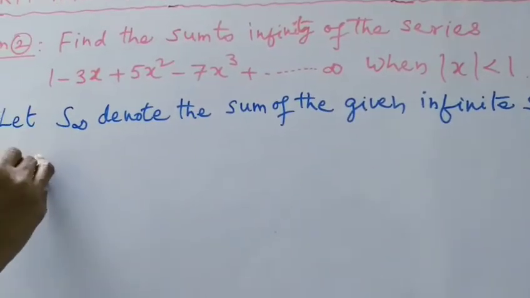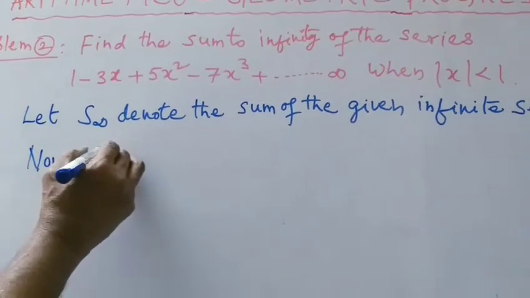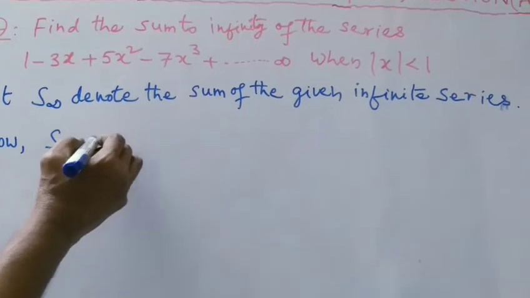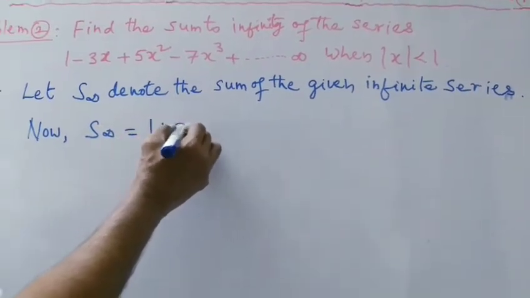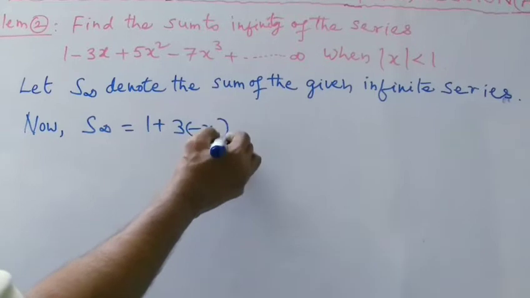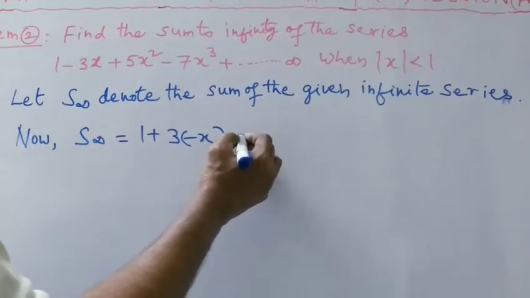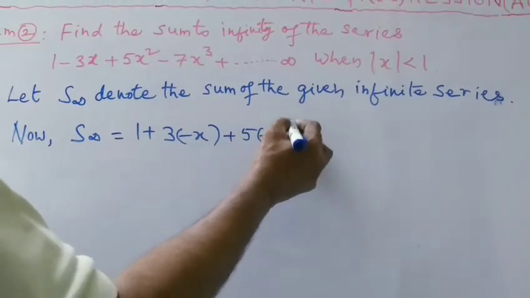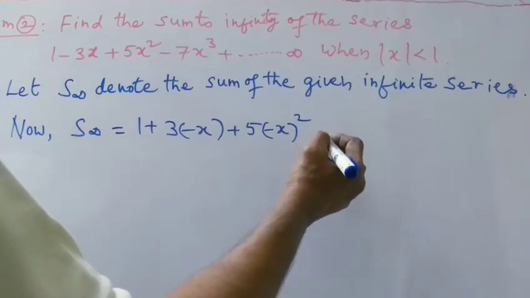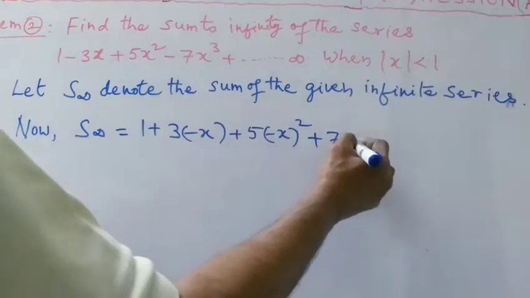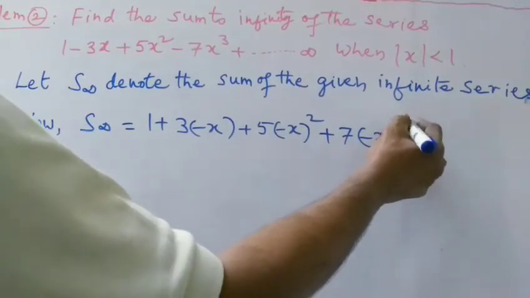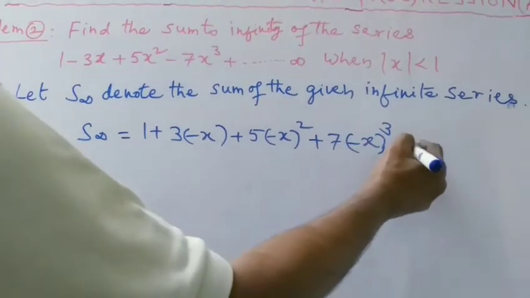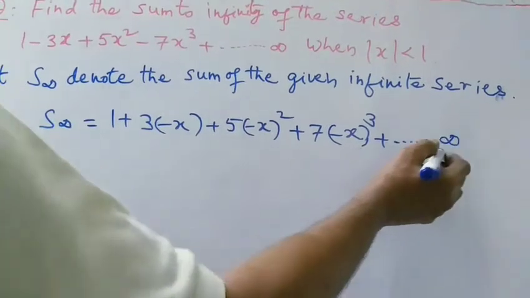Now S infinity is equal to 1 plus 3 of (minus x) plus 5 of (minus x) square plus 7 of (minus x) cube plus and so on up to infinity.